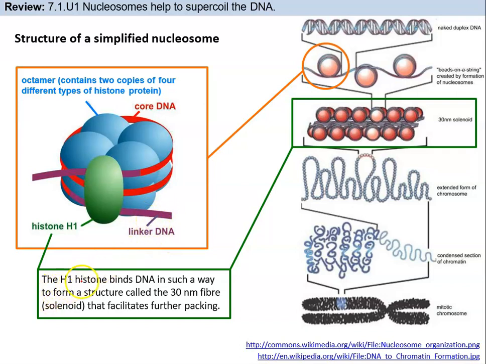So the H1 histone binds DNA in such a way to form a structure called the 30 nanometer fiber or solenoid that facilitates further packing.